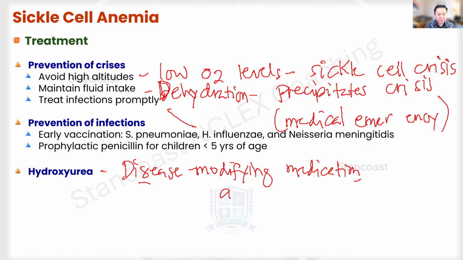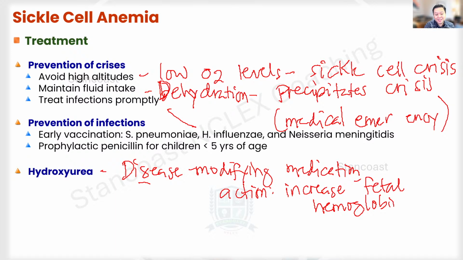Again, the action of this drug is to increase fetal hemoglobin. Even if we are already adults, it can increase the fetal hemoglobin, which basically will reduce the sickling of the red blood cells and will also prevent the vaso-occlusive events.